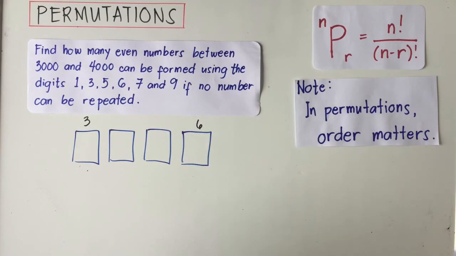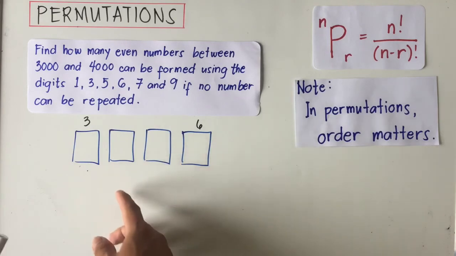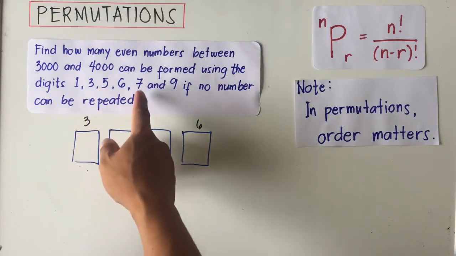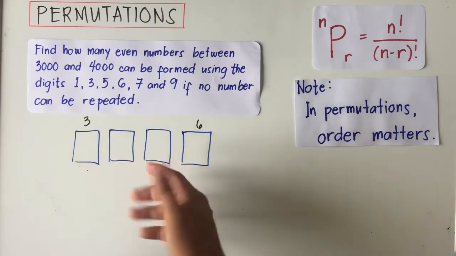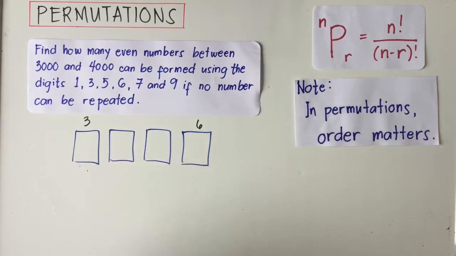I have removed already 3 and 6. What are my choices? I only have choices 1, 5, 7, and 9 for filling in the second box. Then I'll fill in the third box.